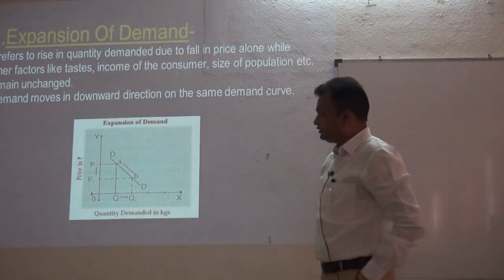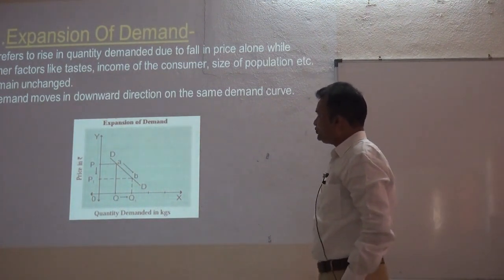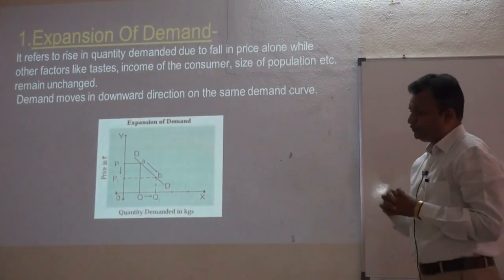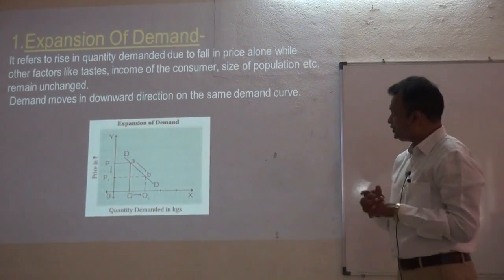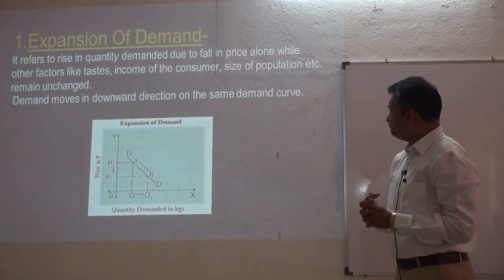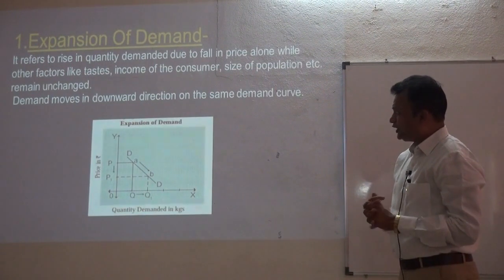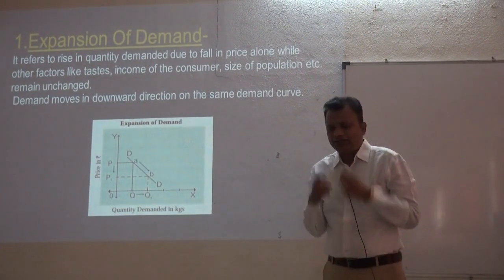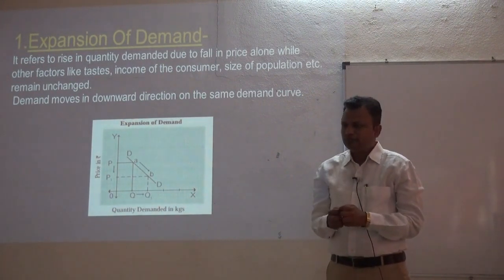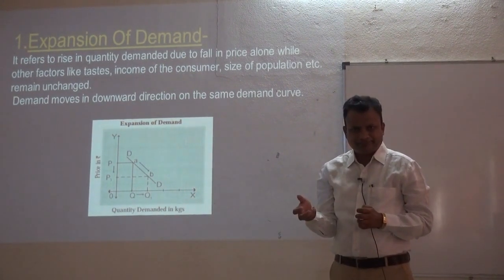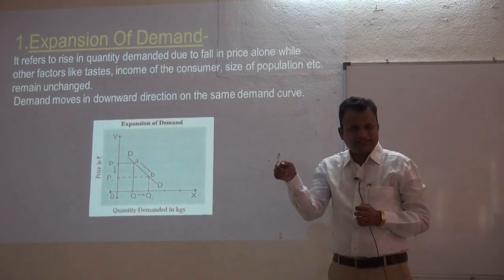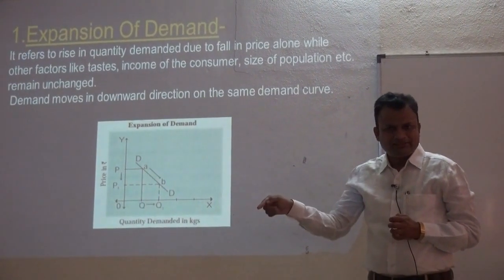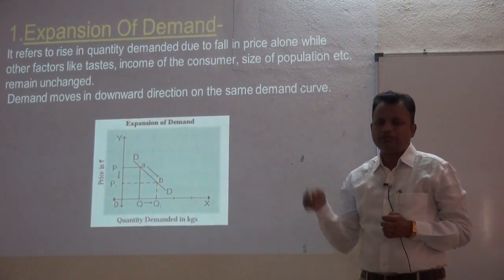Expansion of demand refers to a rise in quantity demanded due to a fall in price alone, while other factors like taste, income of the consumer, size of population, etc. remain unchanged. In other words, only due to a fall in price, if demand rises, other factors remaining constant, there is said to be expansion of demand.